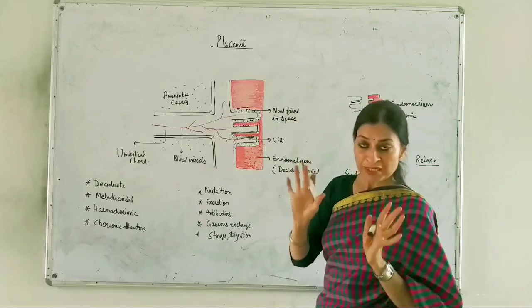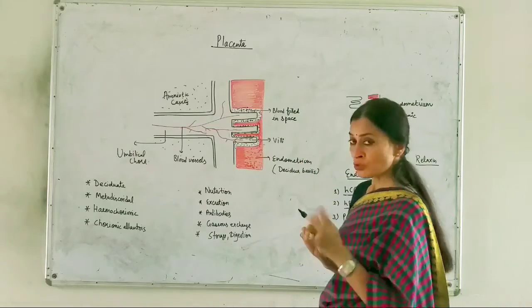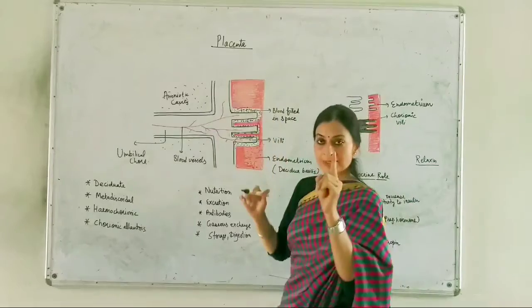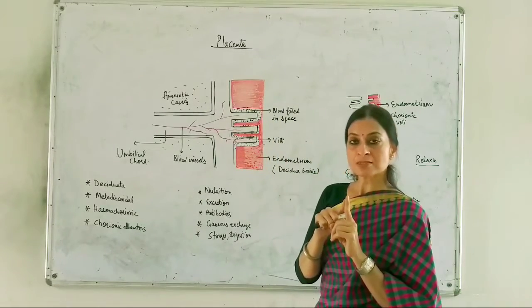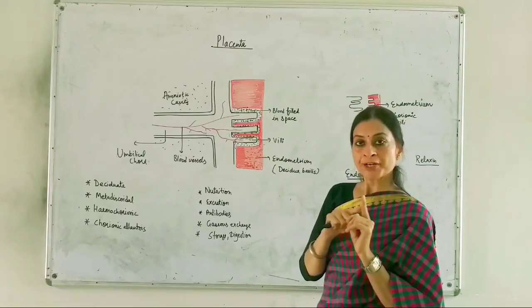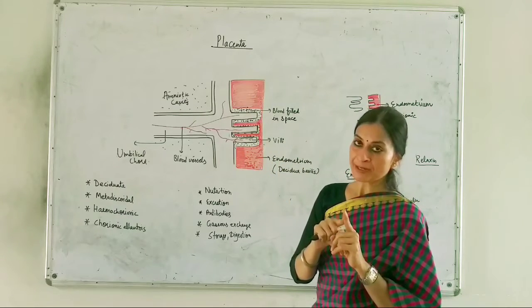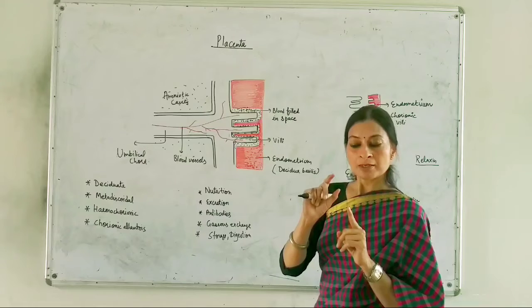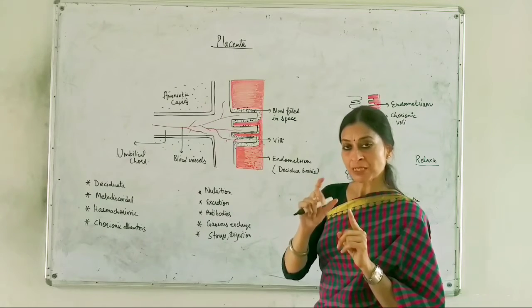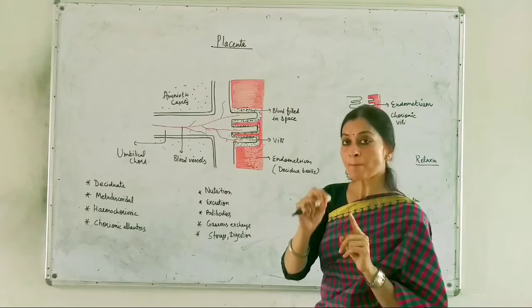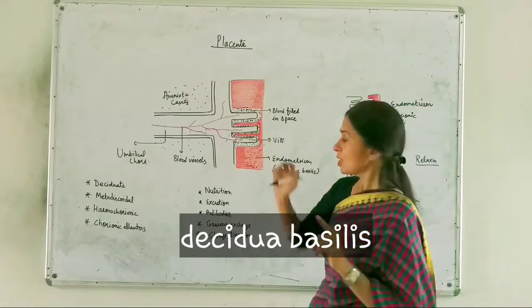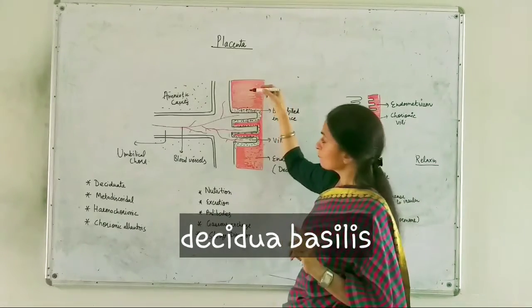Now, a very important thing that you have to note down here. First, which lining is eroded by the chorionic villi? It is the endometrium, and if you want to give it a specific term, you can call it the decidua basalis.